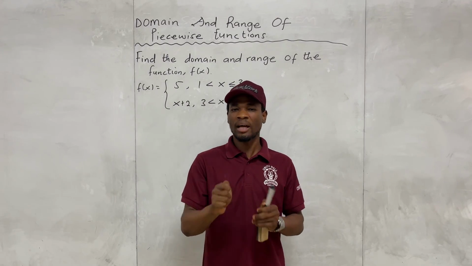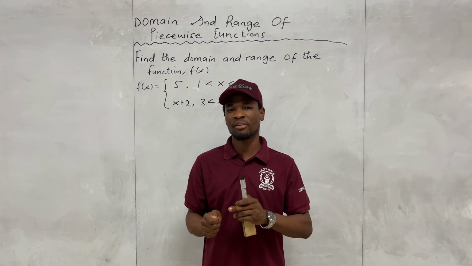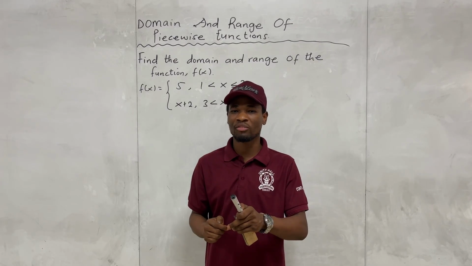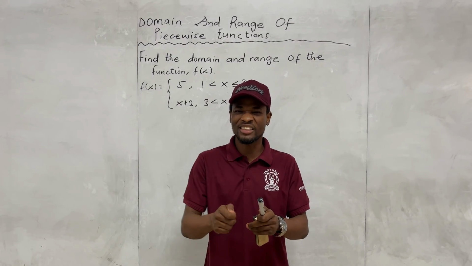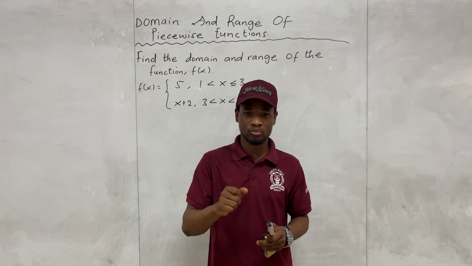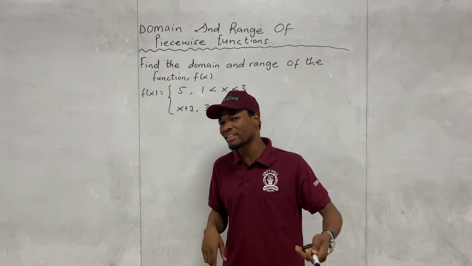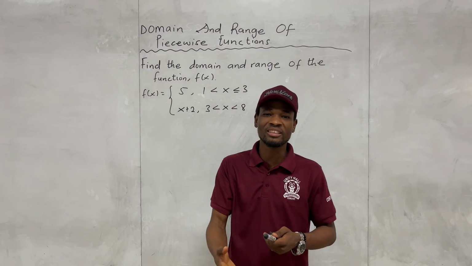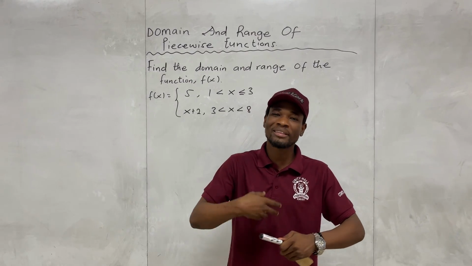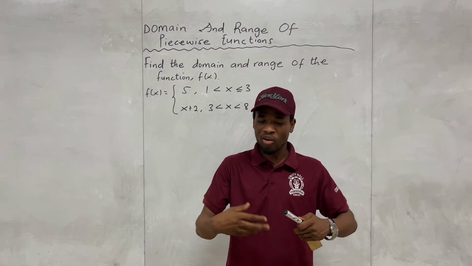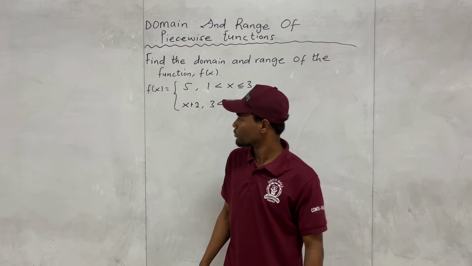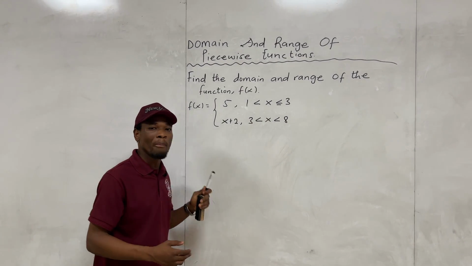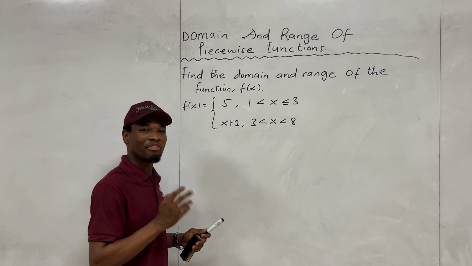So in summary, the range of a function refers to the possible outcome or the possible values of the function given its domain. So in other words, the output is what we call response in system dynamics or dynamic systems and control systems. Now you are given this question: find the domain and range of the function f of x.